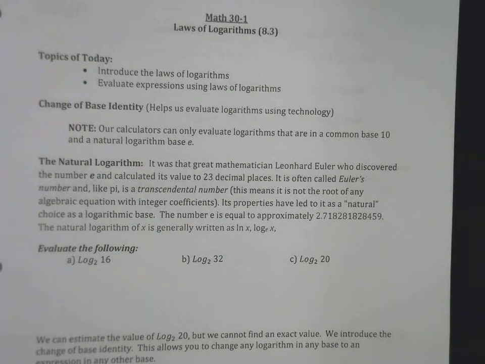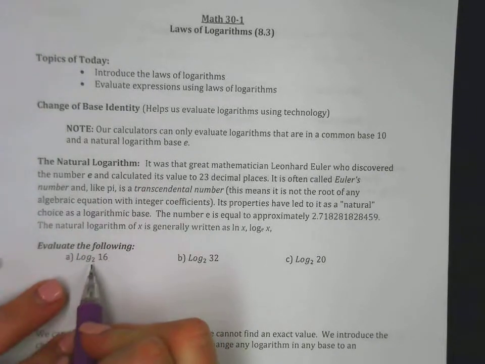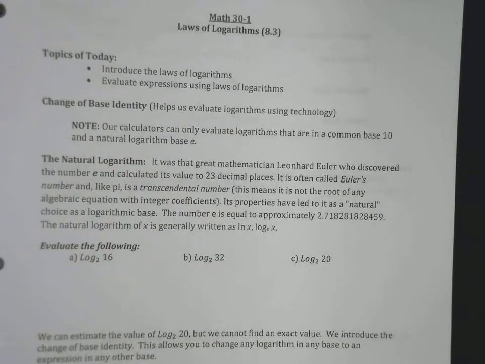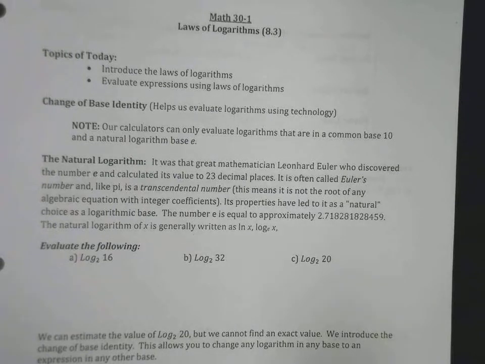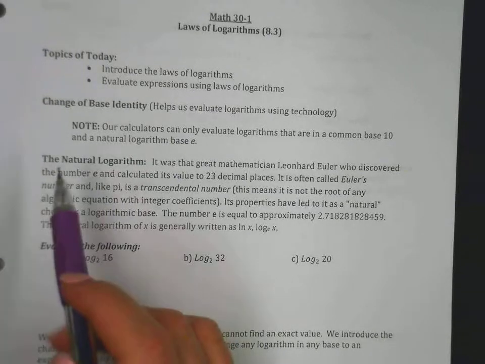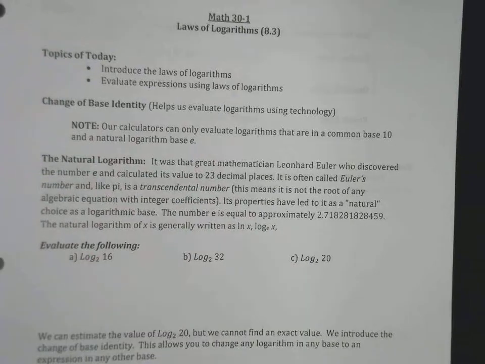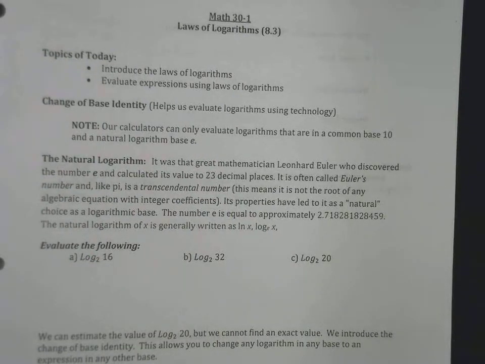This helps us evaluate logs using technology, because even though some calculators will allow us to do a log, most of our calculators either do a log base 10 or something we call the natural logarithm. And the natural logarithm was found by the great mathematician Leonhard Euler, who discovered the number e.